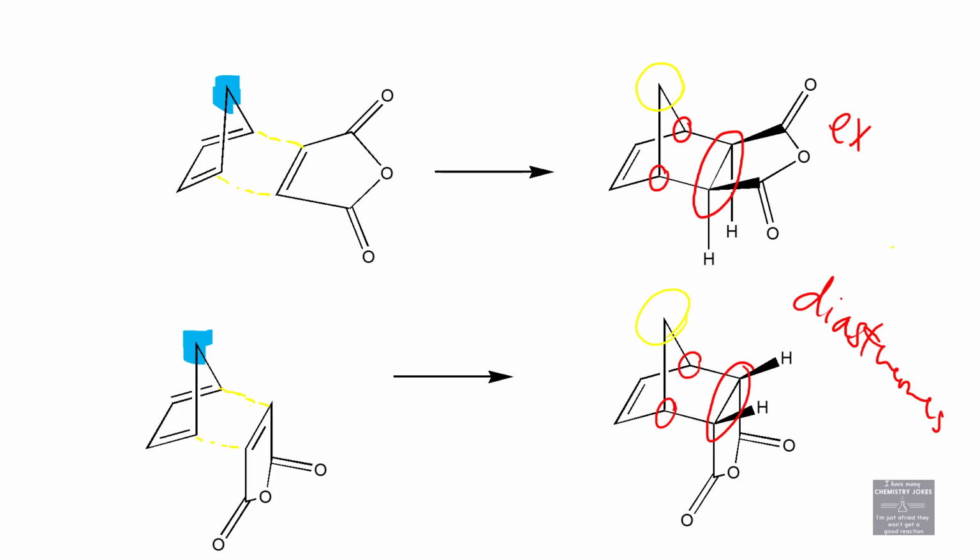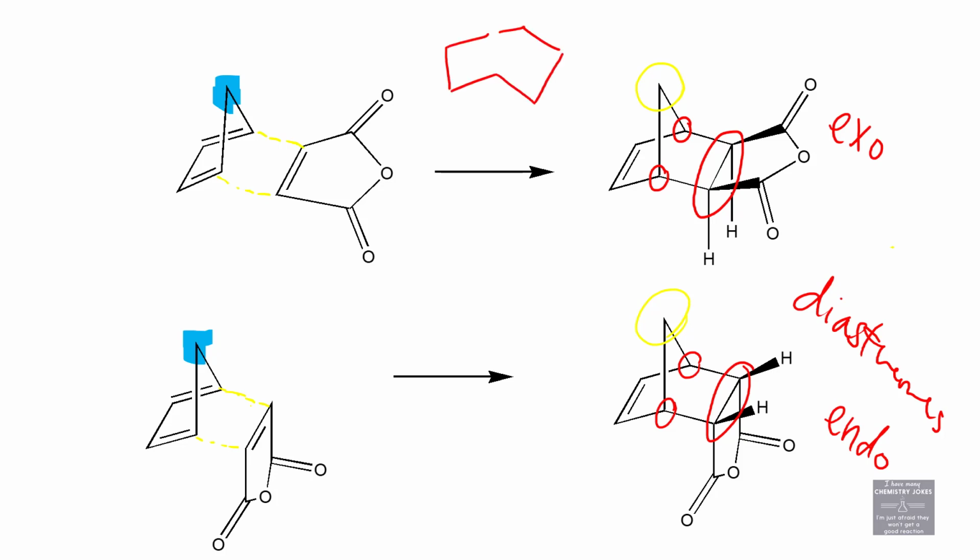This one is called the exo product. This one is called the endo product. Your book has a little bit more information about that. Endo and exo is not something we will discuss at length. It's not something I expect you to know at length. But endo and exo are how you would describe these two diastereomers.